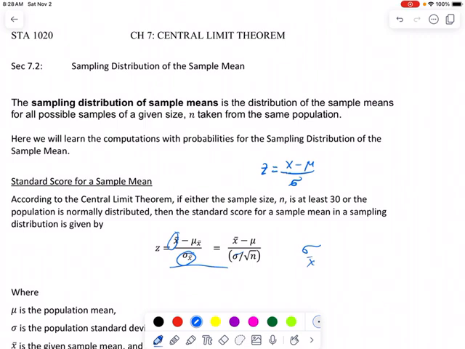So it is calculated by using this formula. And as I showed you in examples in section 7.1, the mean of the sampling distribution of sample means is the same as the mean of the population. So mu X bar is being replaced by mu here in the formula.